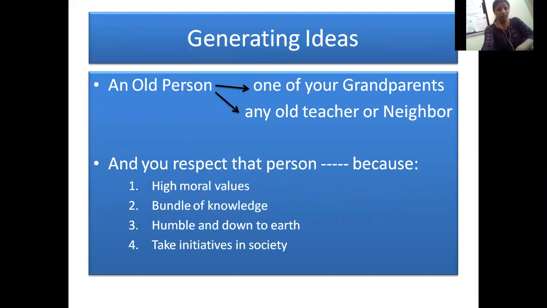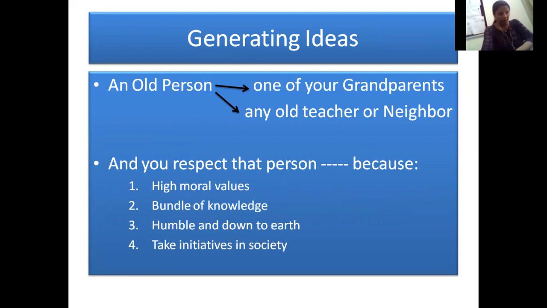And how can we generate ideas on this cue card? An old person can be one of your grandparents, or any of the teachers or professors whom you have studied with, or any neighbor in your society who is old.